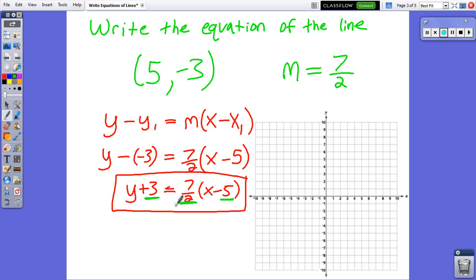So let's find the coordinate point 5, negative 3. From that point, we're going to go up 7 and to the right 2: 1, 2, 3, 4, 5, 6, 7, to the right 2. There's the slope. And then we just draw a line.